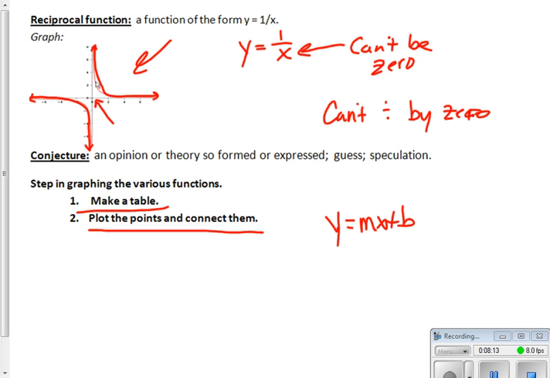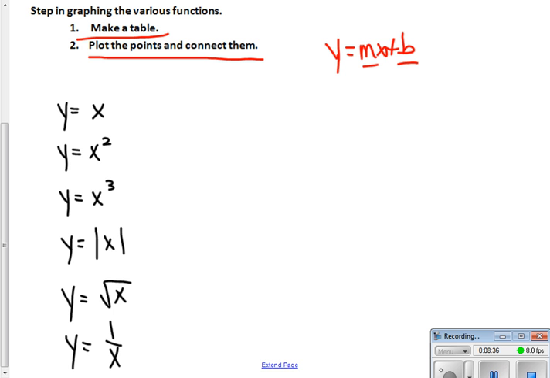We can use the slope-intercept form of graphing. We know that we can plot the b value, and then once you plot the b value, you can use your slope to get another point and graph it. That's old news. You can use that method. But when we get into some of these other methods, we aren't familiar with a shortcut to graph yet, and we'll need to set up a table in order to graph.